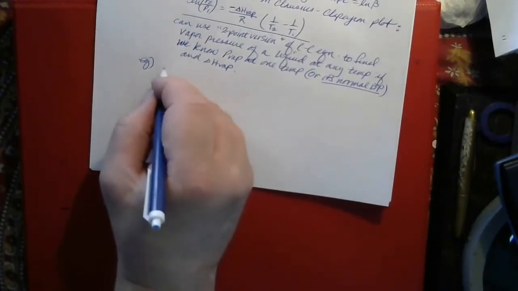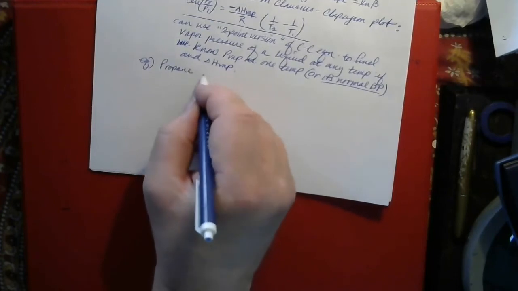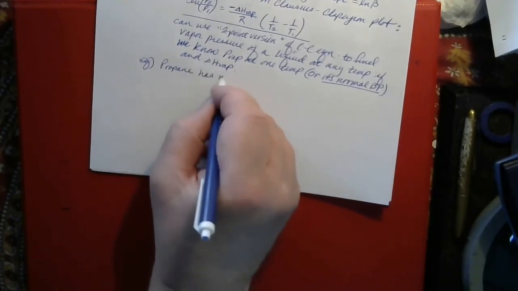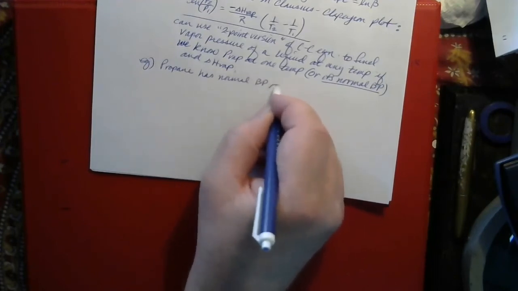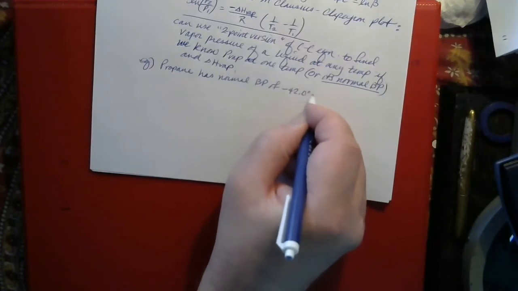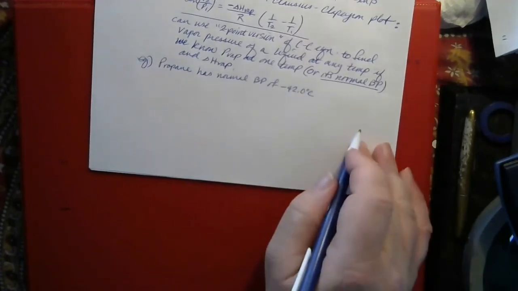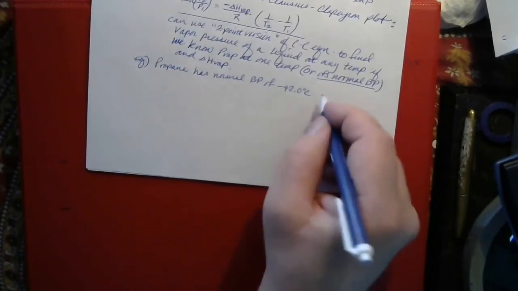So an example of that might be, say, propane. It has a normal boiling point of negative 42.0 degrees Celsius.